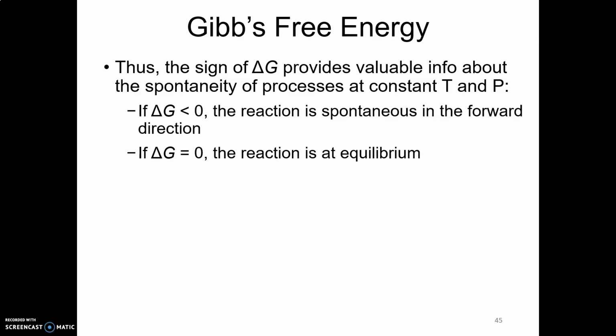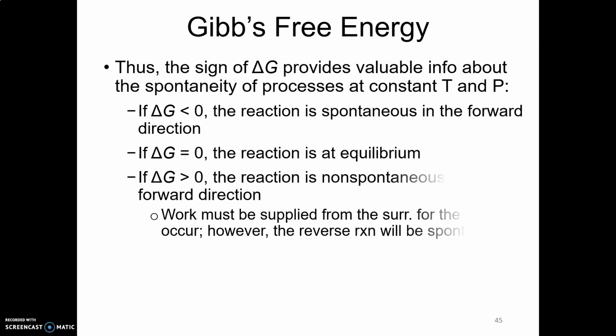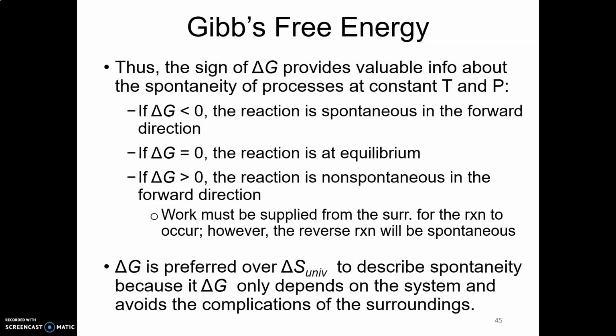It is at equilibrium. This is not proceeding in any direction. And if delta G is positive, that means it's non-spontaneous in the forward direction. But remember, the opposite of spontaneous is non-spontaneous. So if delta G is positive, it's non-spontaneous in the forward, but it would be spontaneous in the reverse.